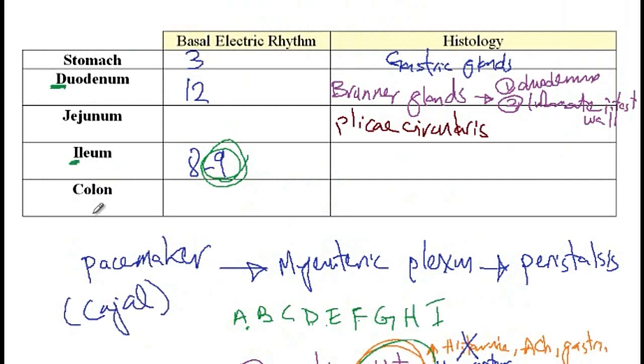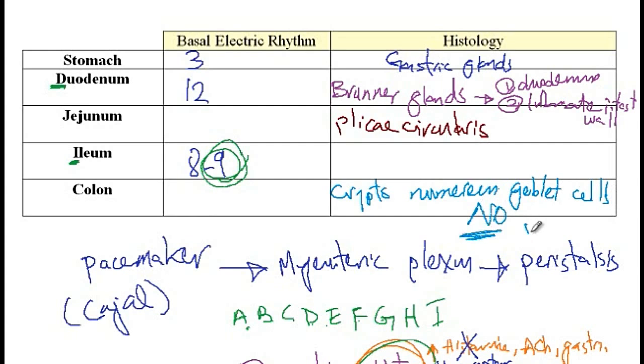Then I would like to move on to the colon. So colon contains numerous goblet cells but no villi. So there are crypts with numerous goblet cells but no villi. And then the reason I didn't want to talk about the ileum is that it has a component of both the jejunum and the colon.